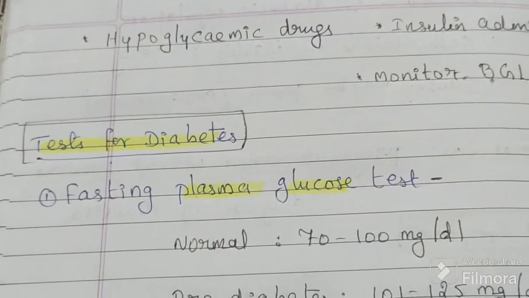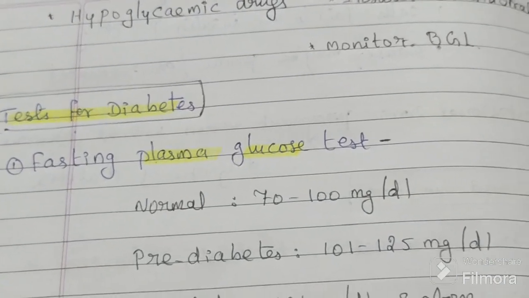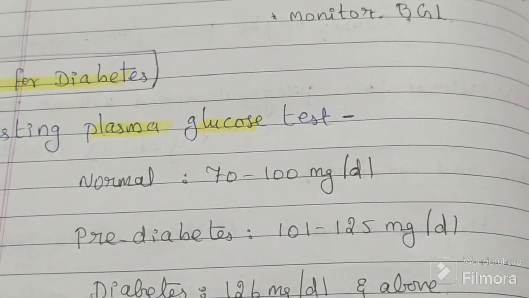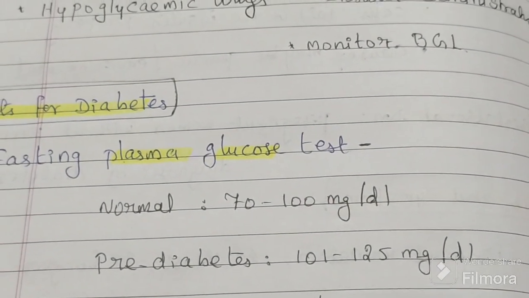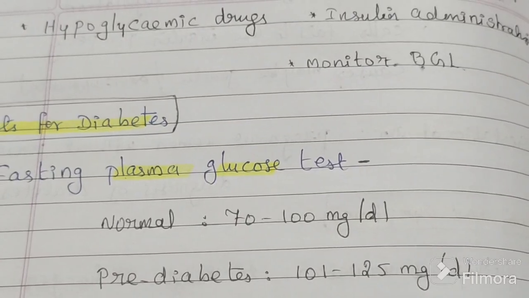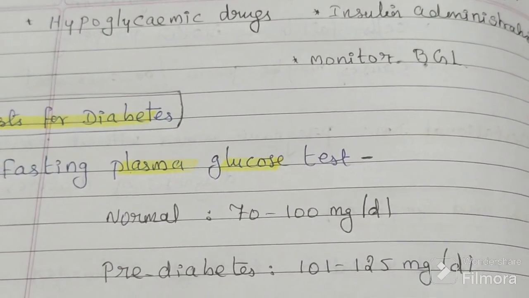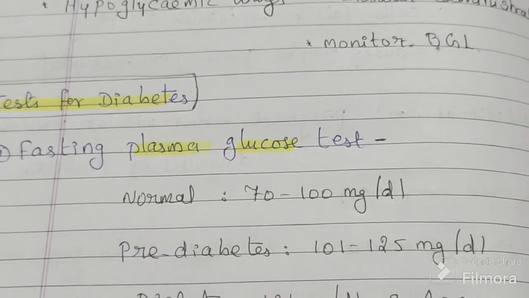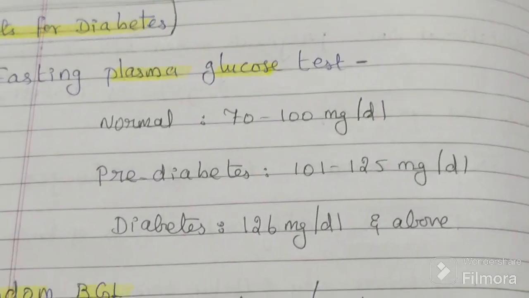Tests for diabetes: fasting, normal 70 to 110. Fasting is a screening test. Blood sample is taken after a fast of 8 hours. Pre-diabetic condition 101 to 125.